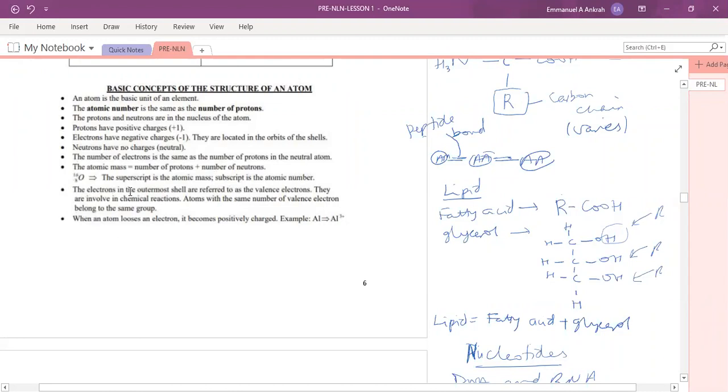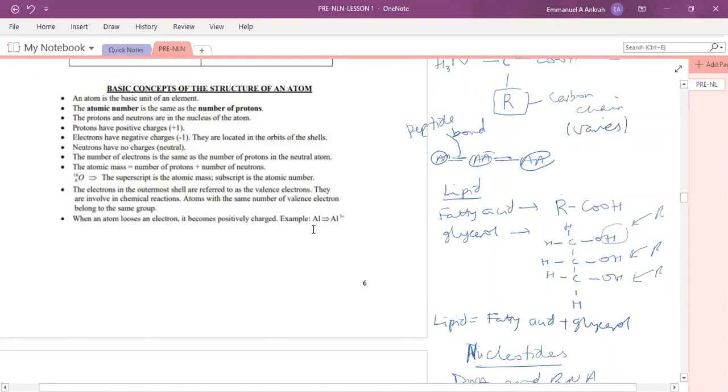Now, the electrons in the outermost shell are what we call the valence electrons, and they are involved in chemical reactions. Atoms with the same number of valence electrons belong to the same group on the periodic table. I'll show you shortly. And then the other thing is when an atom loses an electron, it becomes positively charged. So let's say you have aluminum.